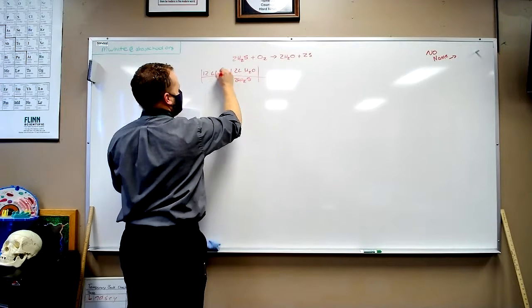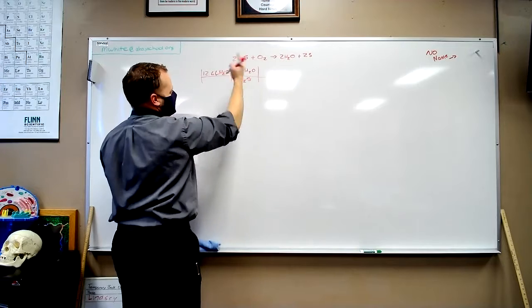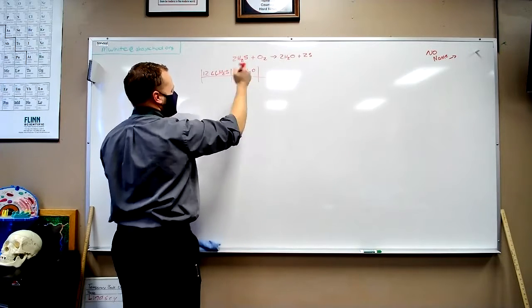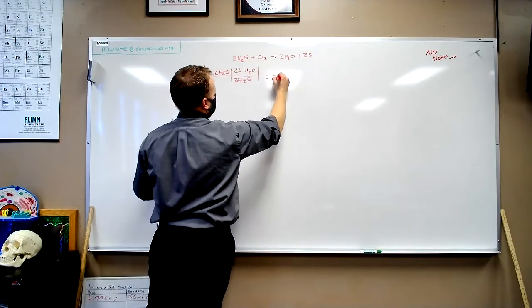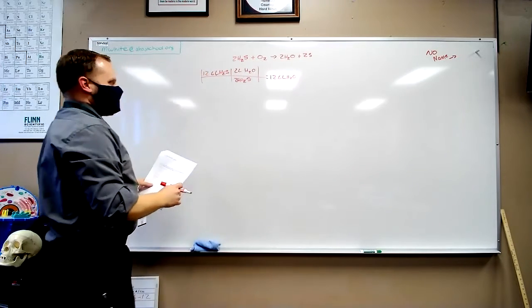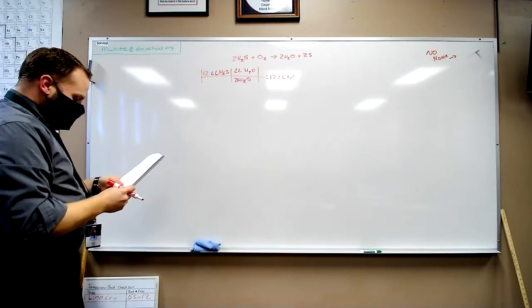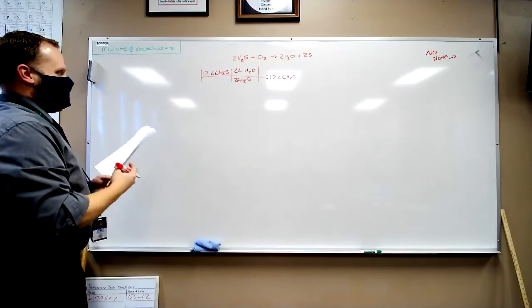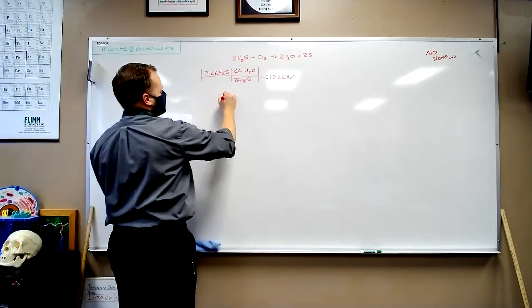So hydrogen sulfide comes out. But this is 2 over 2, so we multiply by 2, and then we divide by 2, and we get 12.6 liters water. And then we can put that into our ideal gas law.